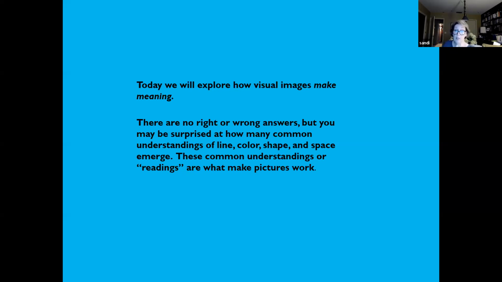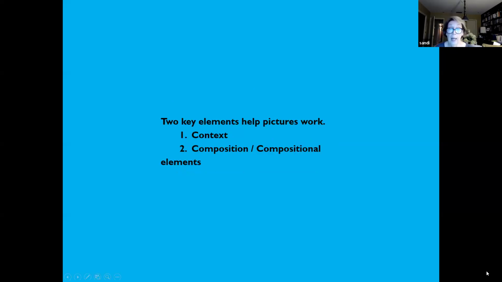These common understandings are really what makes pictures work. Now, there are two key elements in making a picture work. One is context, and one is composition, or composable elements.